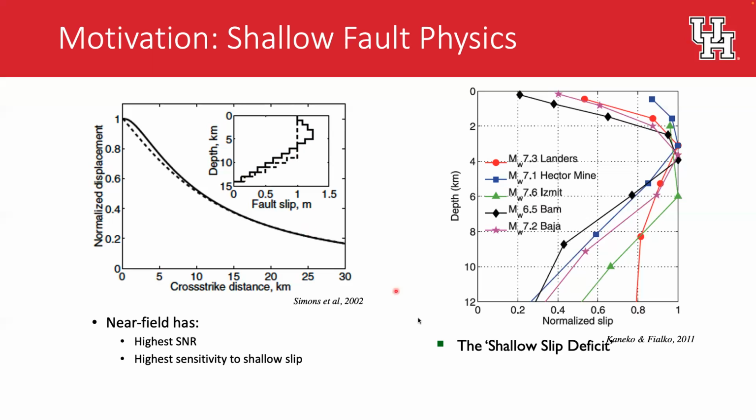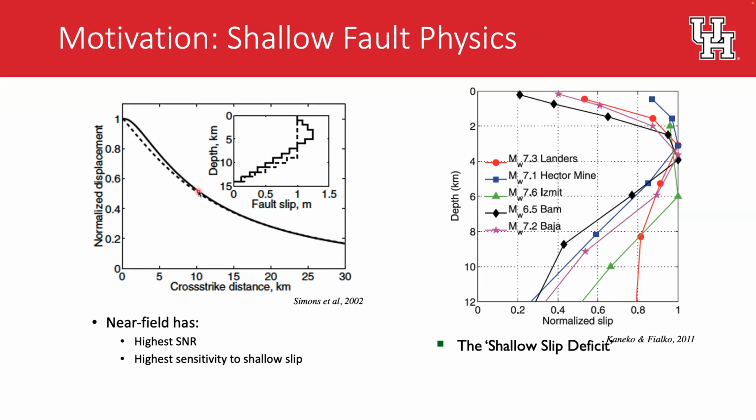Well, if we look at displacement along the earth in distance away from the fault line, you can see that when we get more than about 10 kilometers away from the fault, the displacement profiles of those two curves look exactly the same.